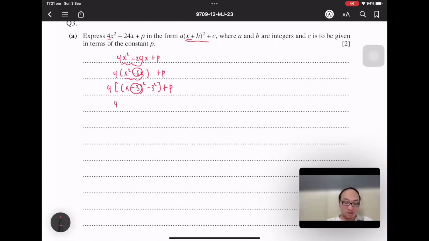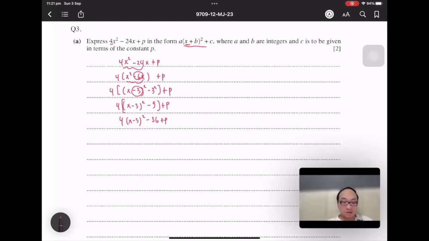So we have 4(x minus 3) squared minus 9 plus p. So 4(x minus 3) squared minus 36 plus p. So we stop here.